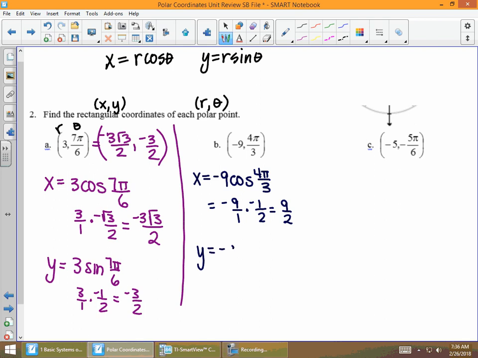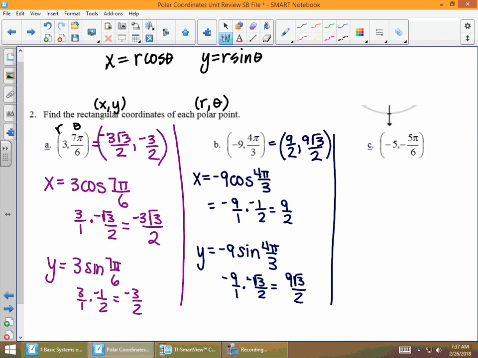Y is our r sine of theta, so negative 9 over 1 times negative radical 3 over 2. Not the prettiest points in rectangular form, but it works.